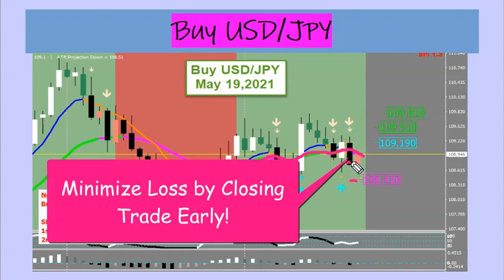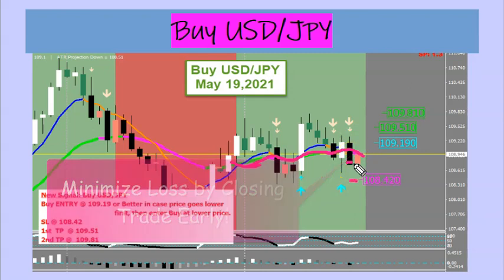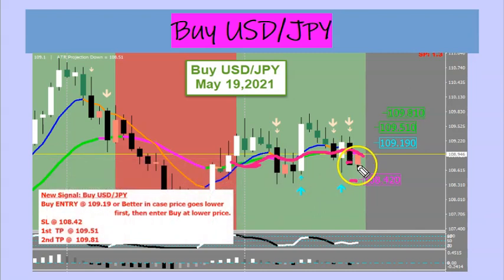The next day, I sent out another email update saying to watch this trade. You can close it now, but if you watch it going higher, close it when it's gone much higher, but still basically telling everyone to close the trade. So it went all the way up to here, guys, with this candle. And a lot of people closed the trade, only limiting their loss to about 30 pips or so.